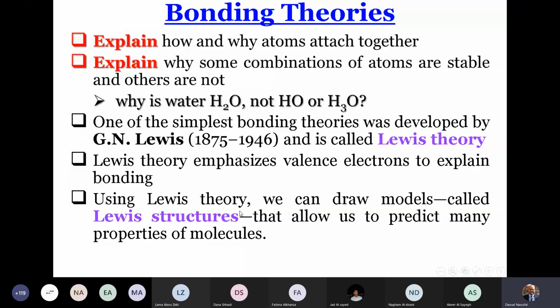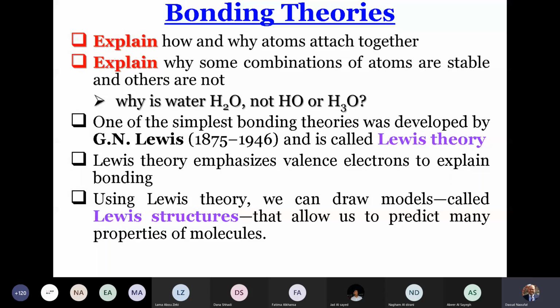So using Lewis theory, we can draw models called the Lewis structures that allow us to predict many properties of the molecule. And pay attention, we have to make a difference between the Lewis structure and the geometry of the molecule. The Lewis structure is the drawing of the valence electrons of the atoms in a molecule.